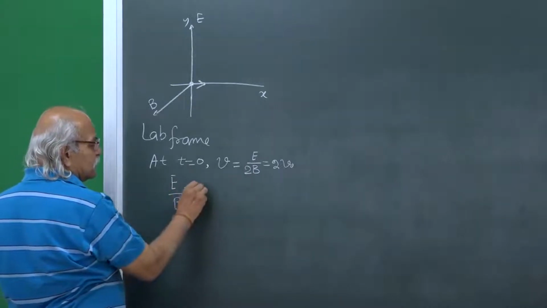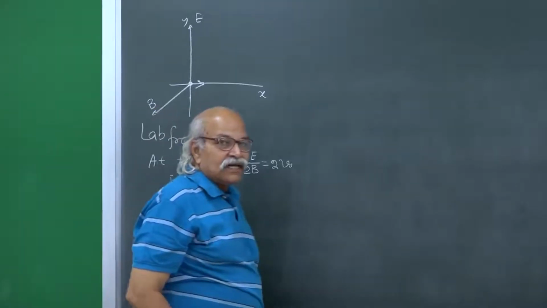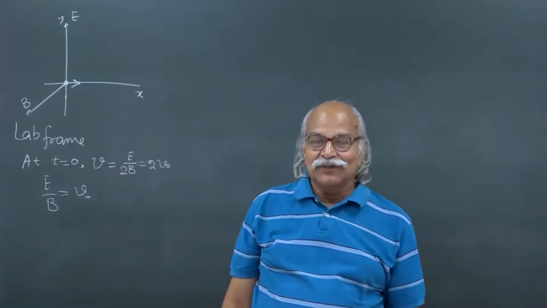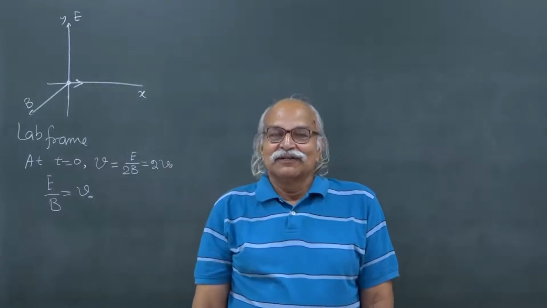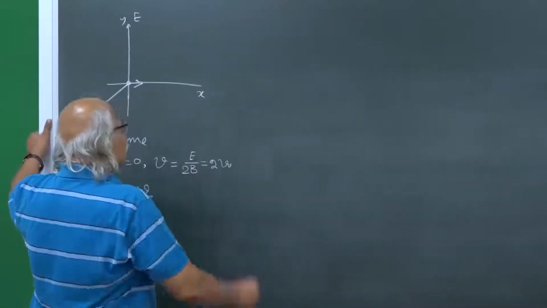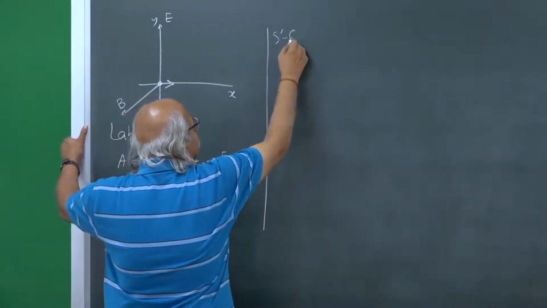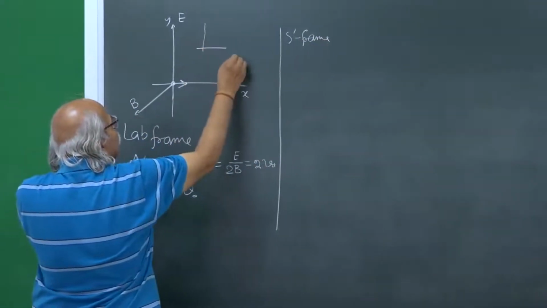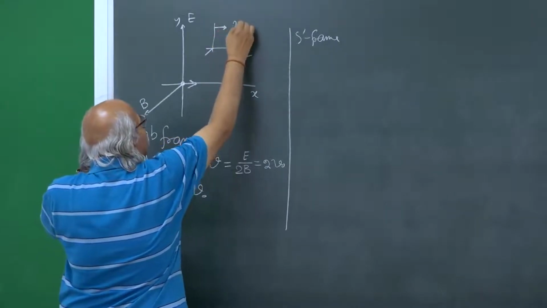So, E by B is a fixed constant, and half this velocity we are giving to the particle at t equal to 0, and then trying to see what happens under the electric and magnetic field. Once again the same trick, we go to S prime frame, which is moving with respect to S at a velocity of v naught.